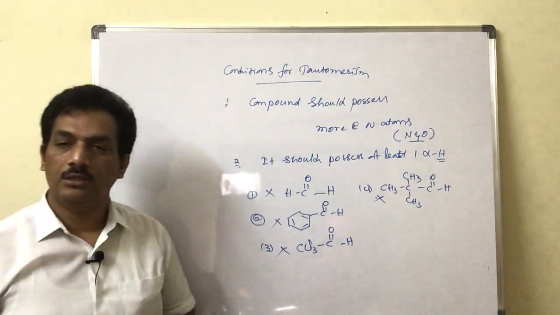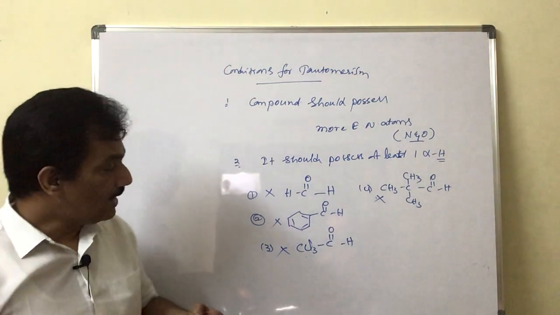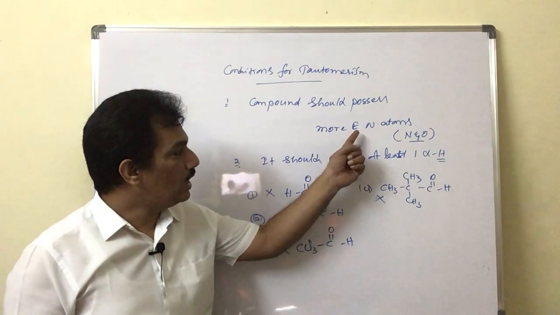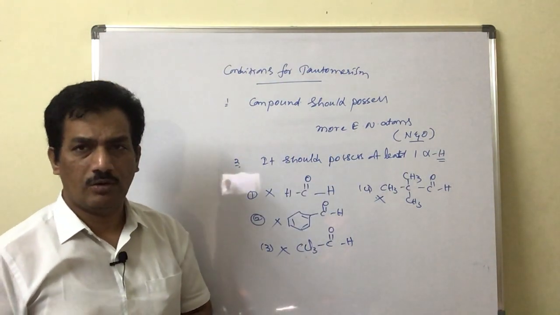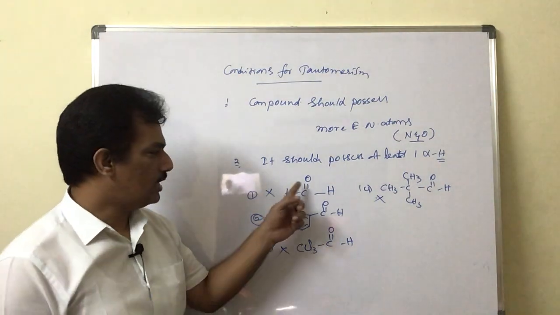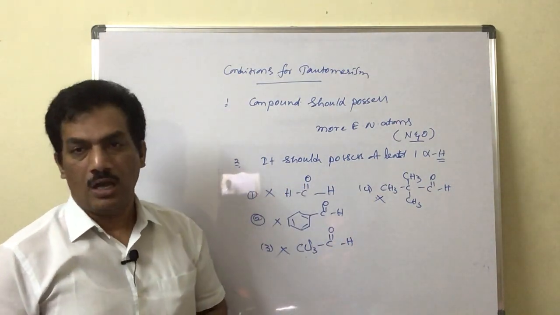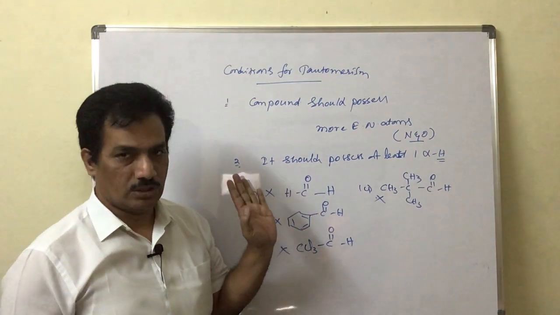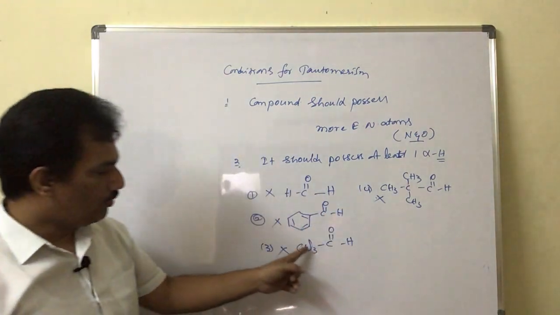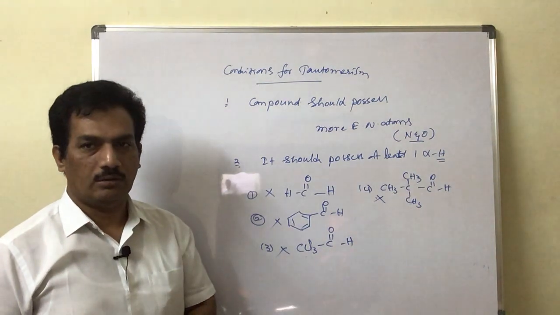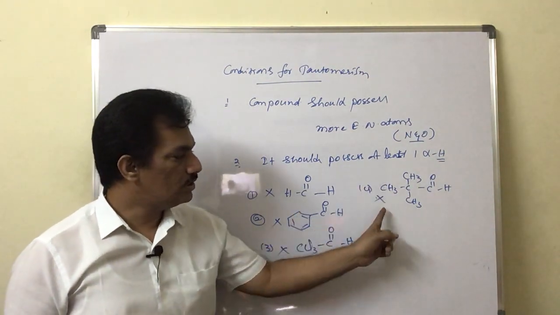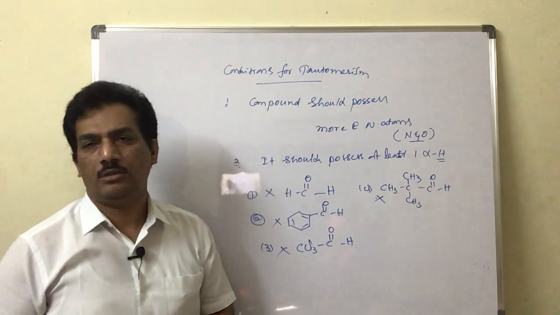Hence it can't exhibit tautomerism. So the required condition is the presence of a more electronegative atom with a multiple bond, and the presence of alpha hydrogen. What I am quoting are examples without alpha hydrogen, which are unable to exhibit tautomerism.